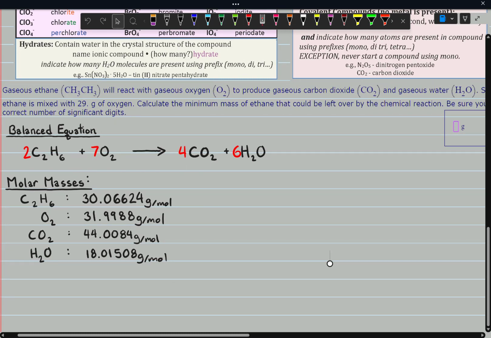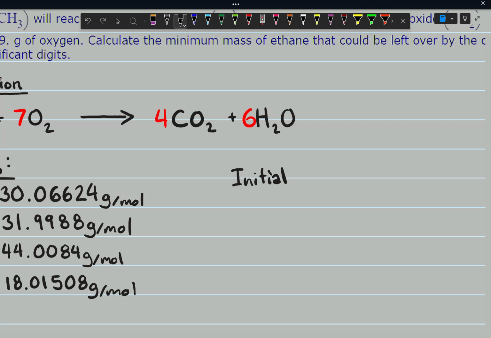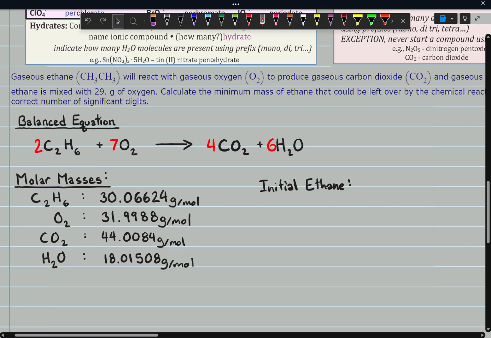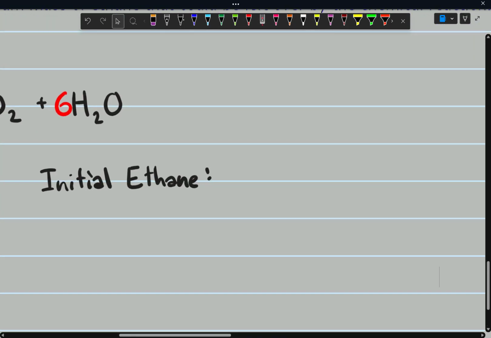So now all we have to do is find the initial amount of moles of ethane. We know that we're given 4.81 grams of ethane, so we need to convert that to moles. So start with 4.81 grams.